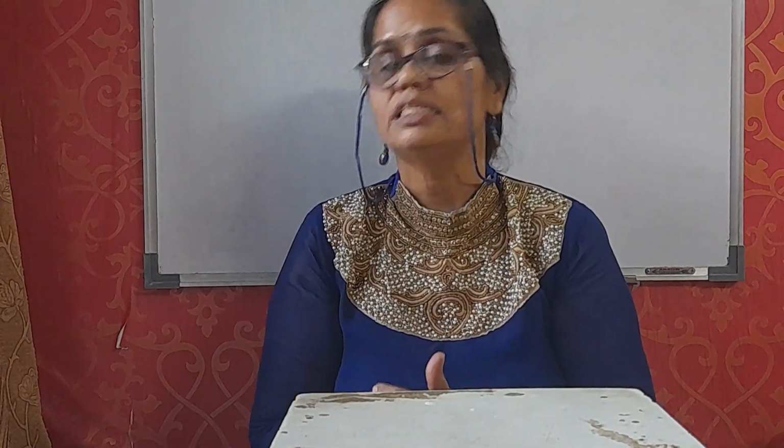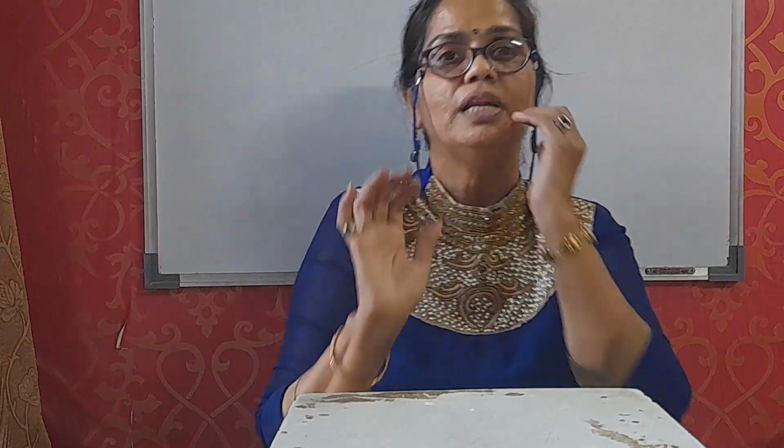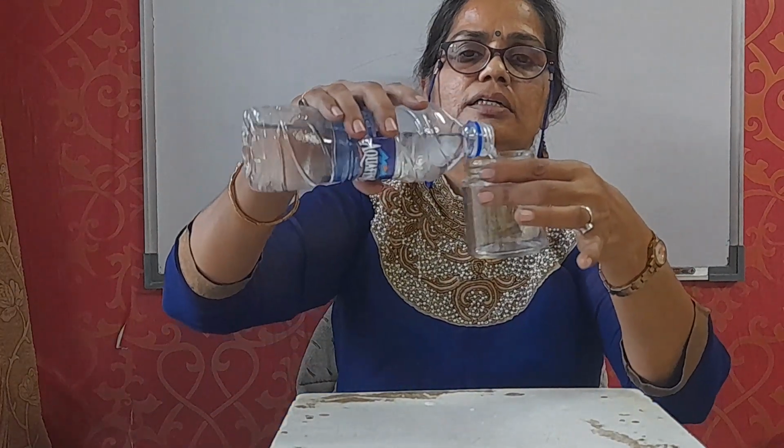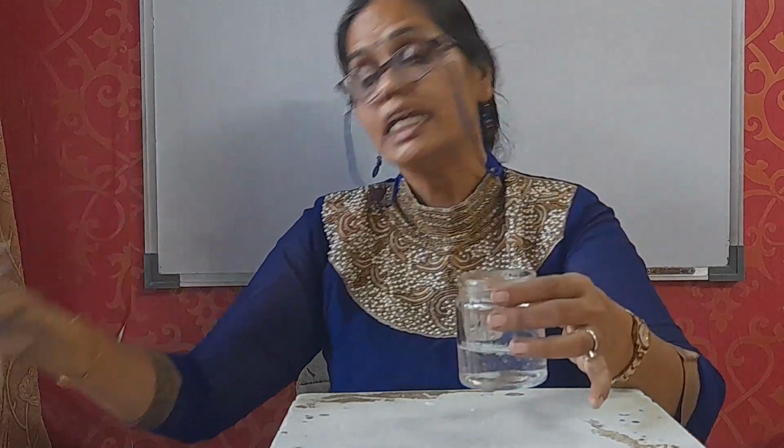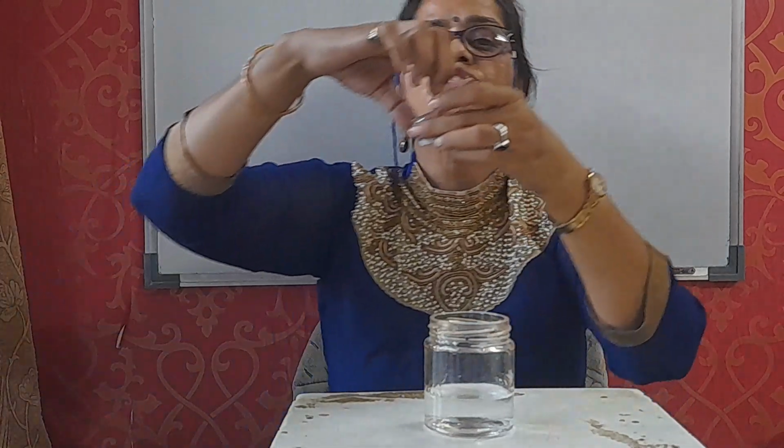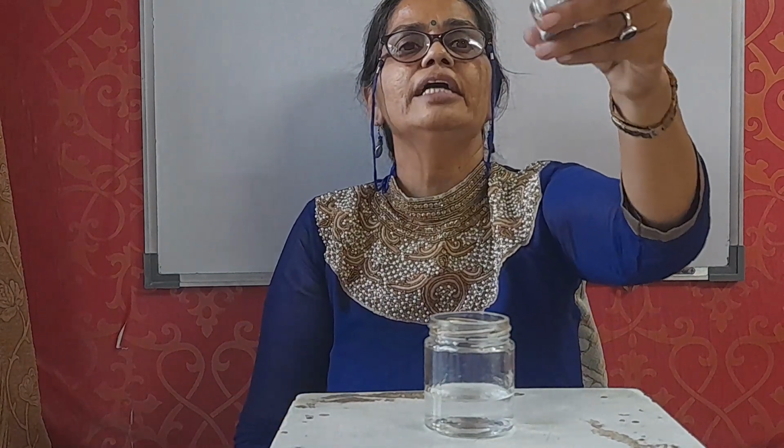So there are many liquid things, they are also insoluble in water, and there are many solid things, they are also insoluble in water. Like for example, now I will show you. Now look here, this is the glass container. Now the things which are insoluble in water. So first thing, this is chalk powder, right?